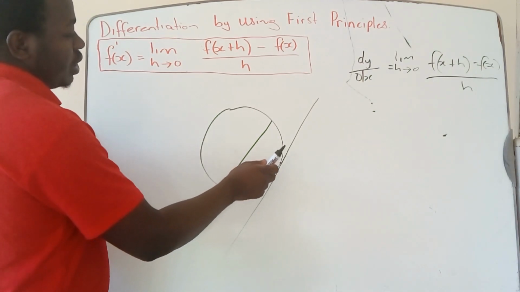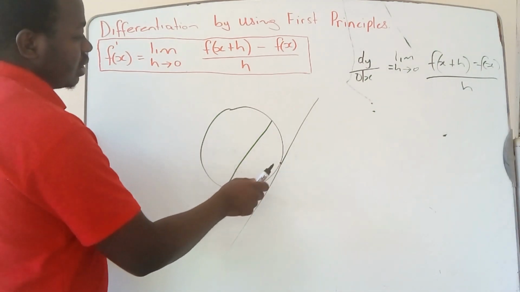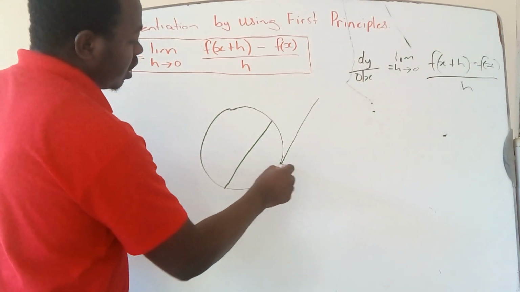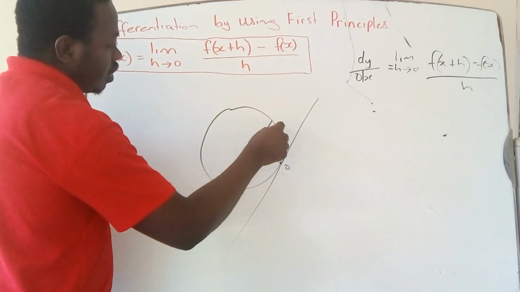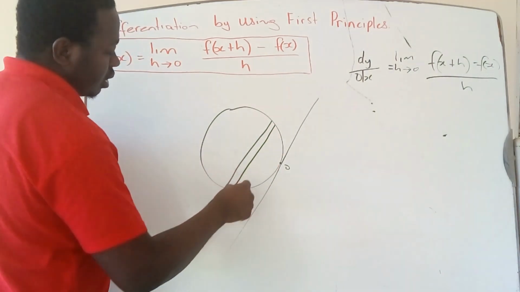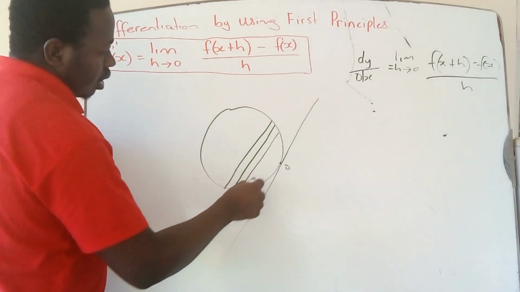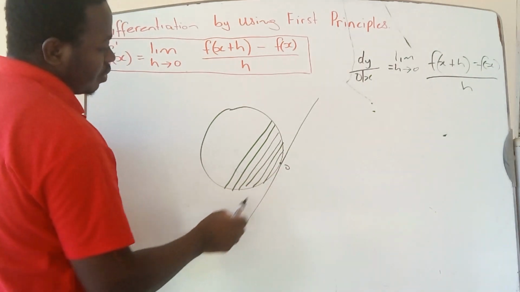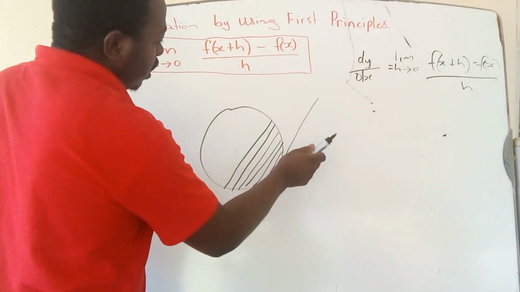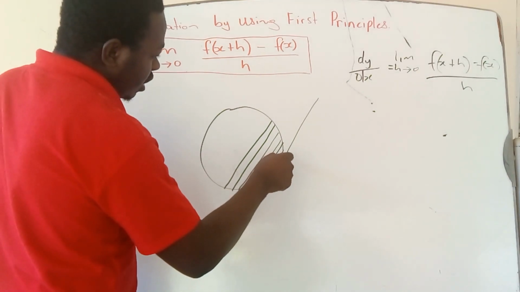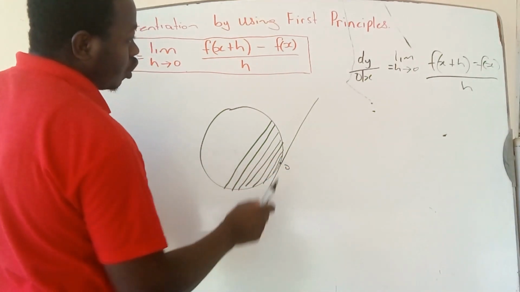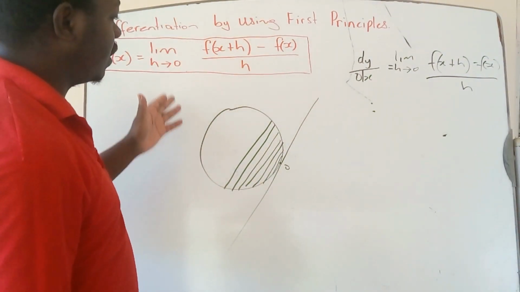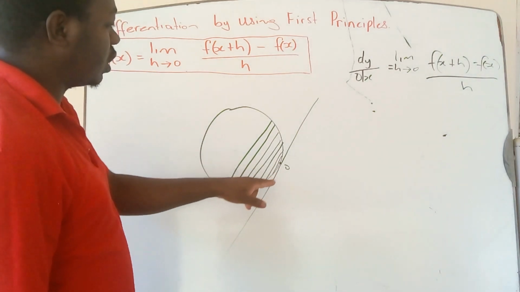And we want to determine the tangent or the gradient at that point there. But if you notice, if I draw some more secant lines that approach this point, I get an approximated value closer and closer to the tangent line here. So if I draw it like that, it is getting much closer. So really and truly, this formula gives you an approximated value of what the tangent would be, close to it. Alright?